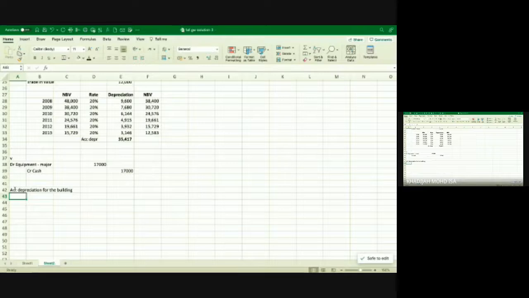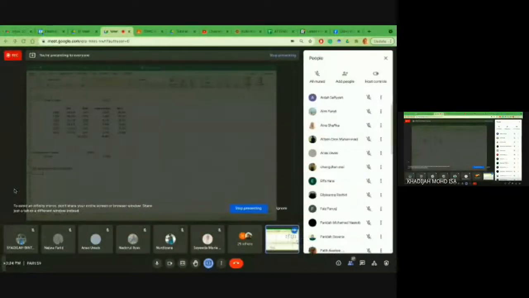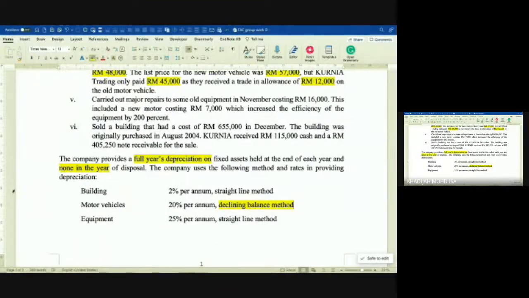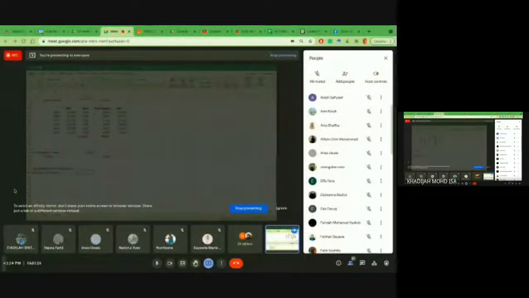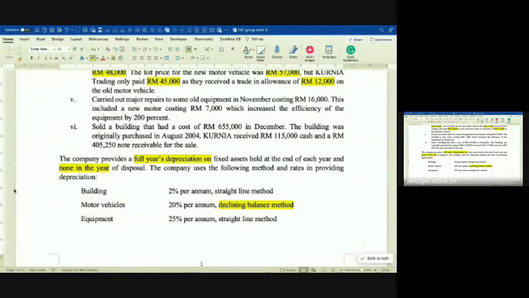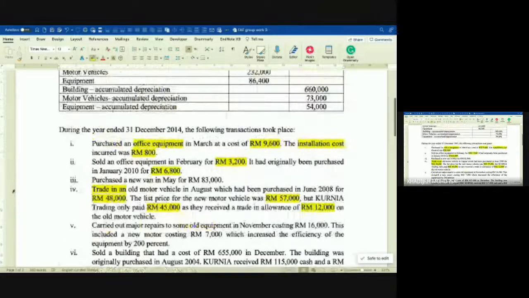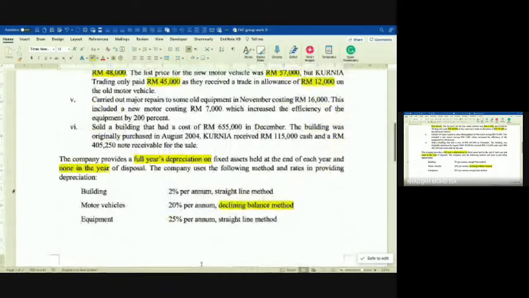What's the cost? 655,000 in 2004. 655,000 times 2%. How many years? If you say that it's from 2004 and now you're doing for 2014, so up to 2013.